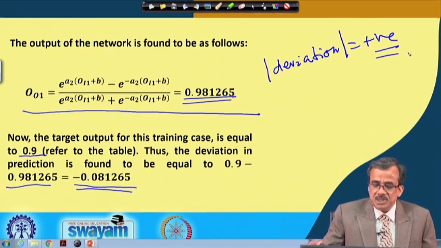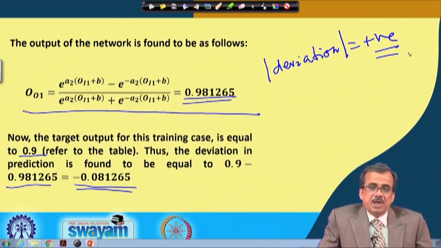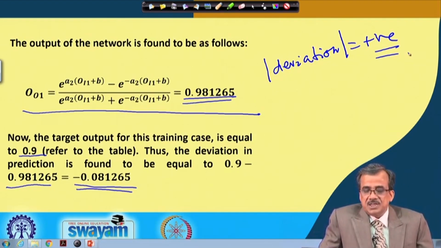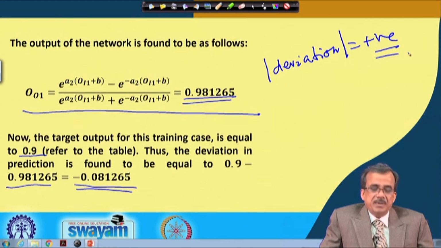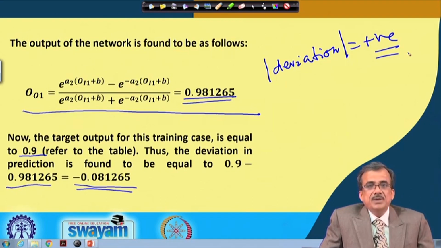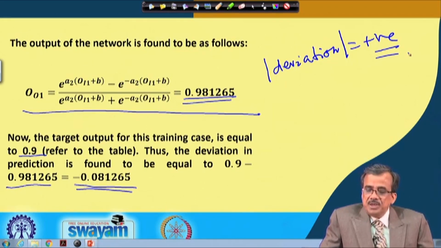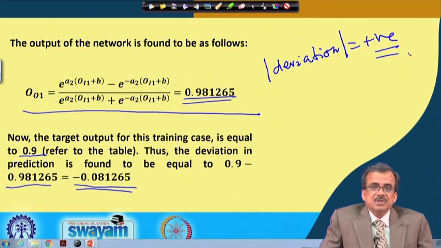So, for each of these training cases, we will be getting some deviation, and then we find out the average deviation, and that average deviation will be the fitness of the GA.